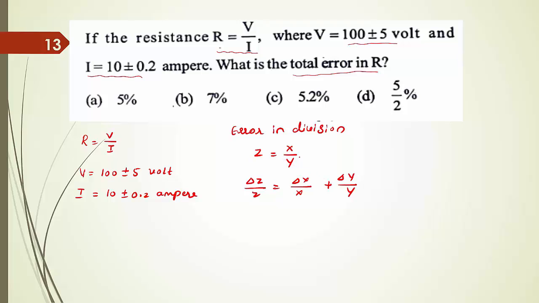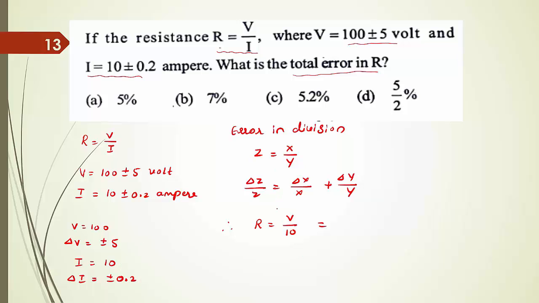So Z equal to X over Y. In place of X over Y we can write R equal to V divided by I. R equal to V by I. Here V value is 100. Delta V value is plus or minus 5. I value is 10 ampere. Delta I value is plus or minus 0.2 ampere.